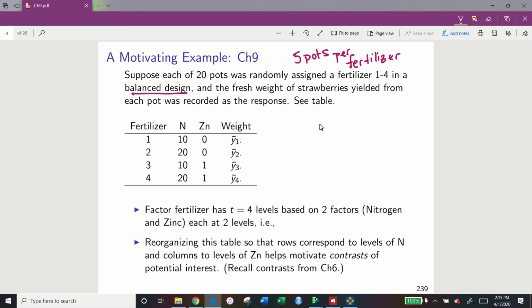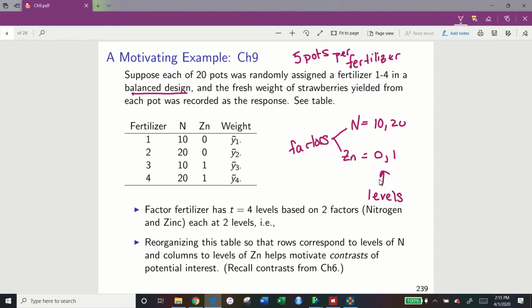So again, we've got two factors, nitrogen and zinc, and each of these factors has two levels. For nitrogen, it's 10 and 20. For zinc, it's 0 and 1.